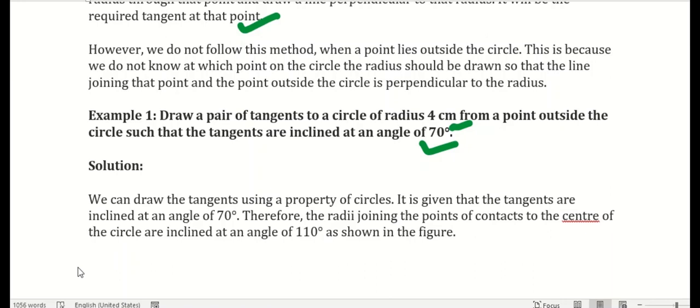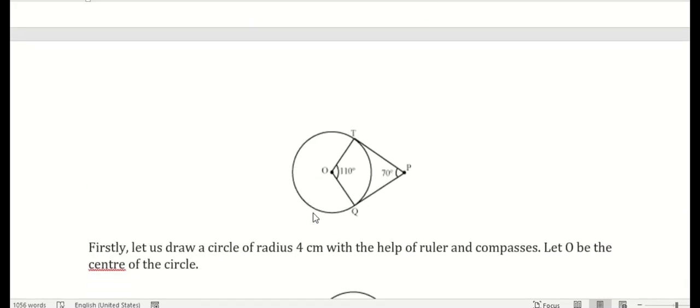Therefore, the radii joining the points of contact to the center of the circle are inclined at an angle of 110 degrees. You can see in the figure. Here is the outside point P, forming an angle of 70 degrees, and at the center, the angle value is 110.